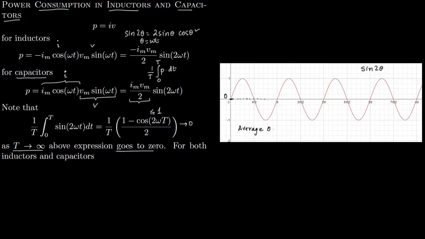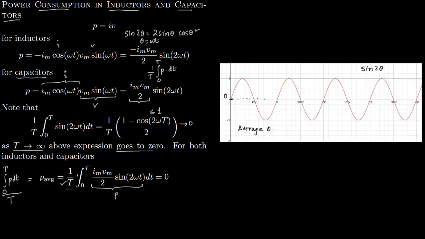Now again, average power is nothing but the integral from 0 to capital T of p dt, and then you divide this entire expression by T. So instead of p, we write down this formula Im Vm by 2 sin of 2 omega t. So this is our power. Here we are dividing by T by multiplying by 1 by T, and this constant portion will come out of the expression.